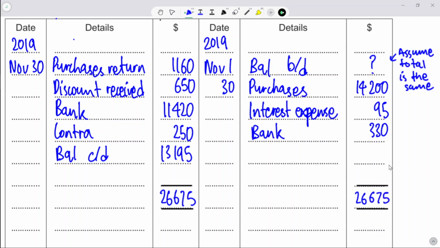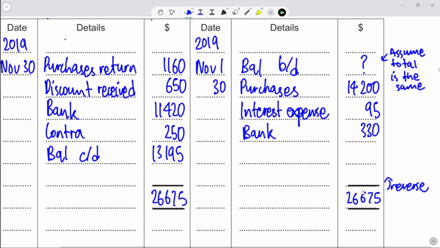Then you kind of reverse. So this one minus this one minus this one minus this one, you'll get the question mark. So how much is this question mark? 26675 minus 330 minus 95 minus 14200.